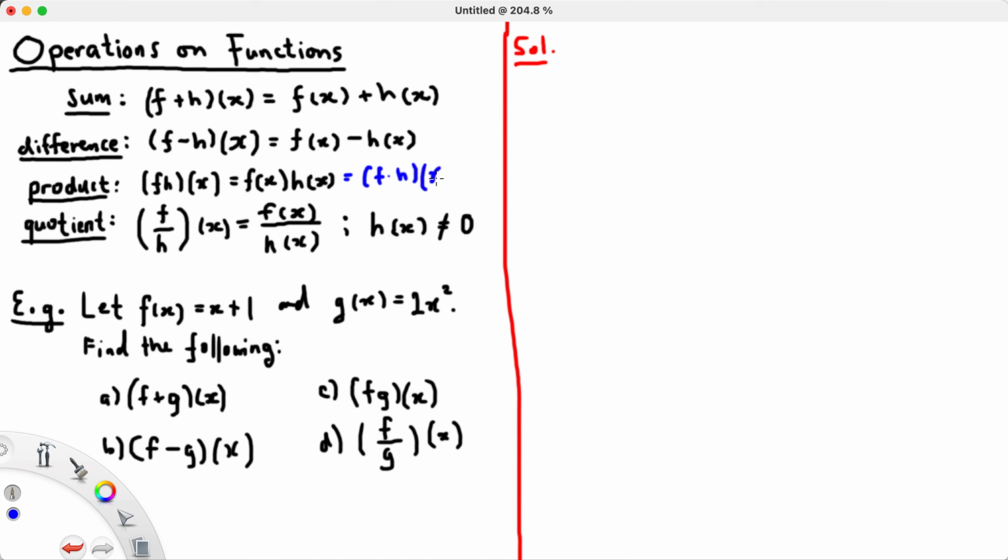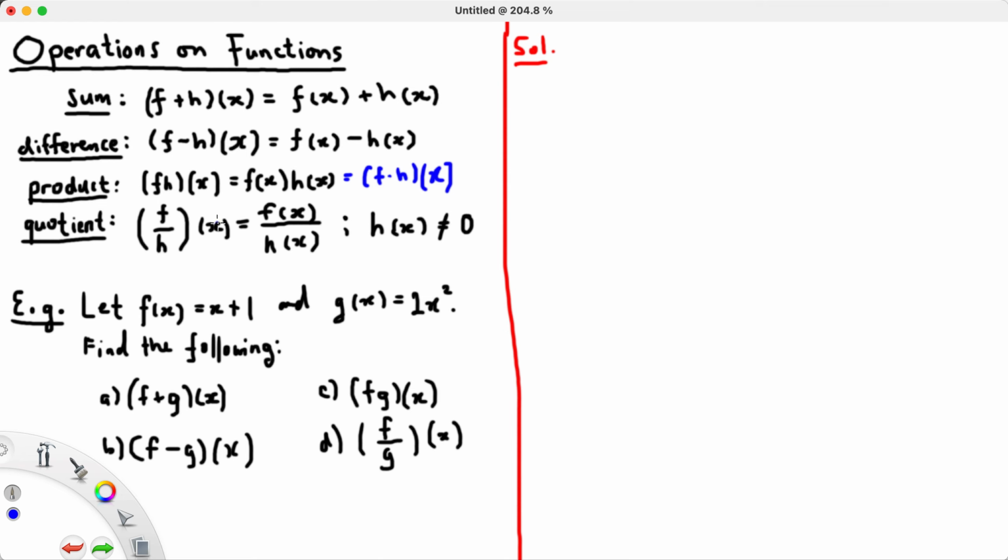Now, the next rule we'll talk about is the composition of functions, which is sometimes confused with this. So I would like to use the notation where they are beside each other, just to show that it still denotes multiplication. So we have f of x times h of x.